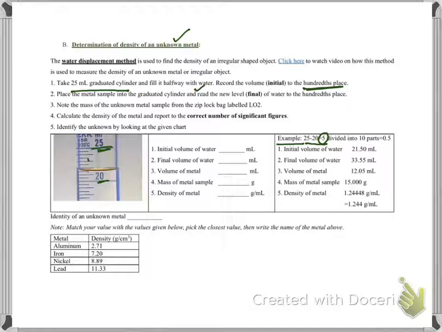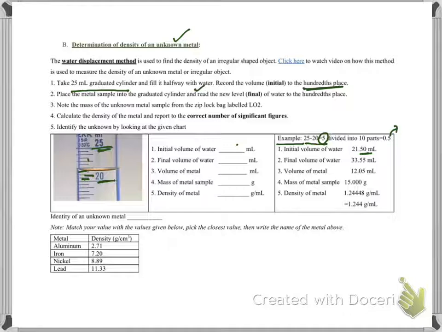So that means each part is worth 0.5. So if this is 20, 20.5, 21, 21.5. So I'm certain about 21.5, and it seems to me it's exactly 21.5, so I wrote down 21.50. 2 decimal places. If you do not have 2 decimal places here, you will lose points.